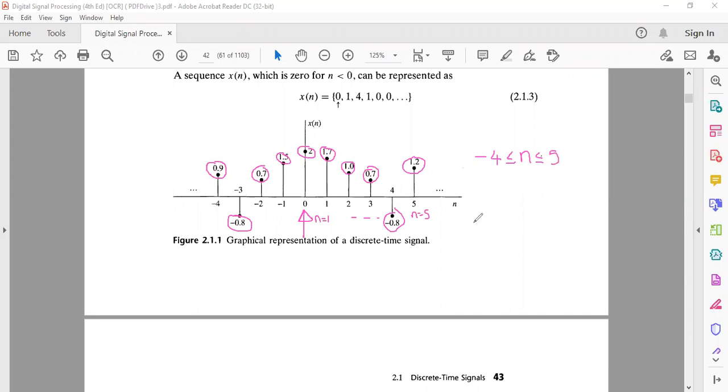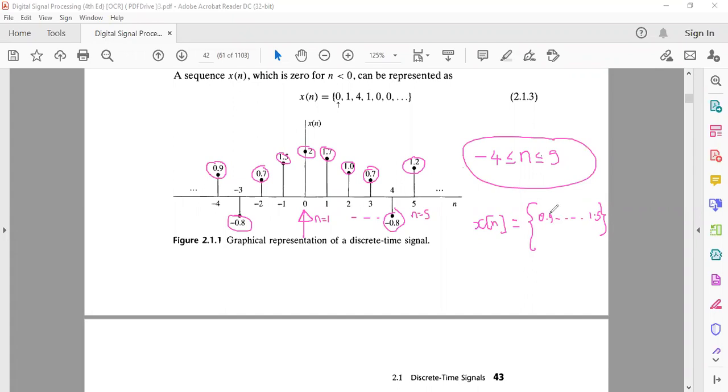So you can write this as x[n] equivalent to, and then you write the values from 0.9, because that is the first one, up to 1.2, and then you say that your n is defined by this.